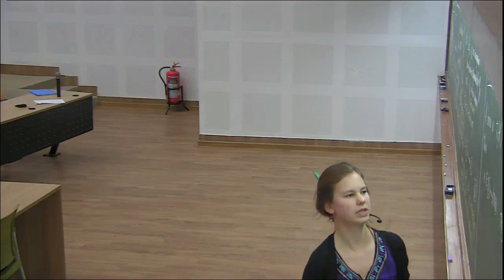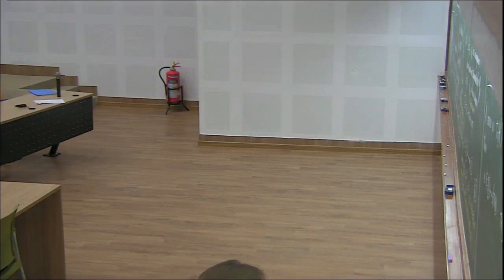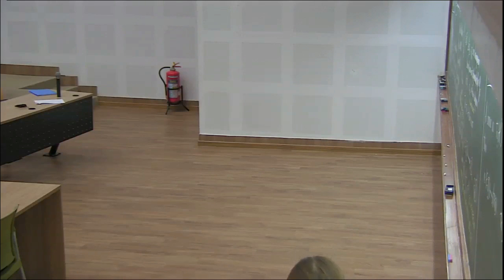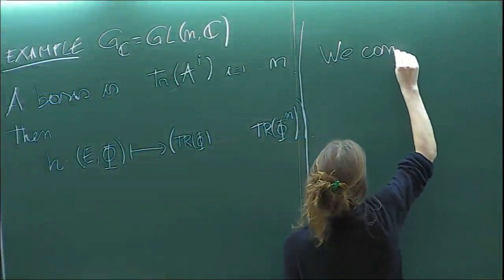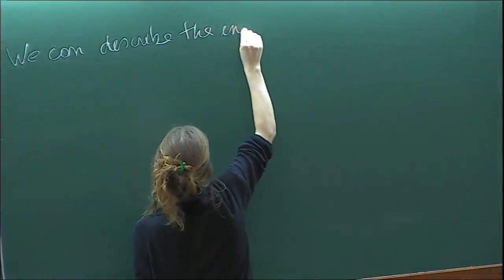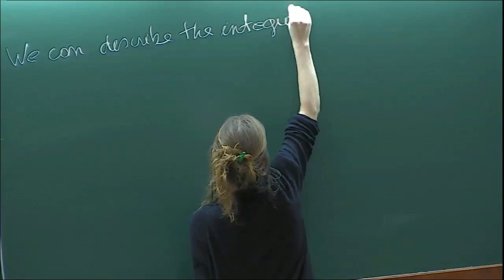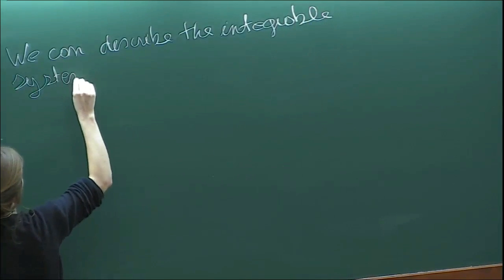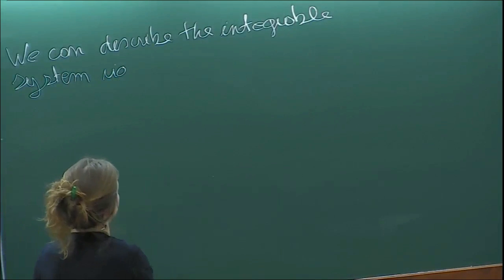So what do we call the spectral data? Once we have the Hitchin map, we can describe this integrable system via spectral data.